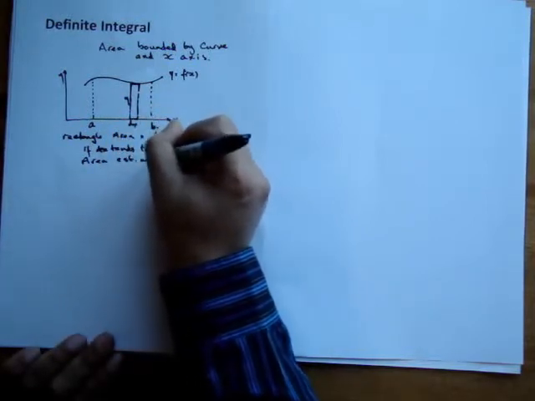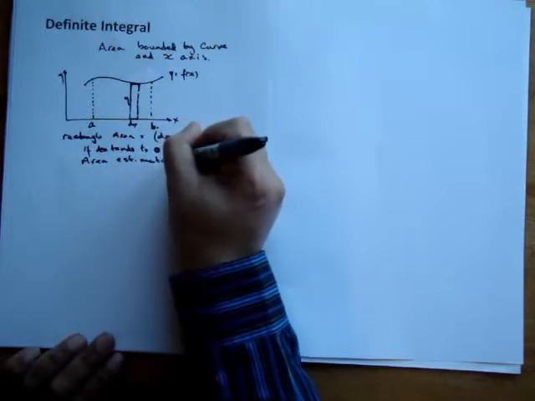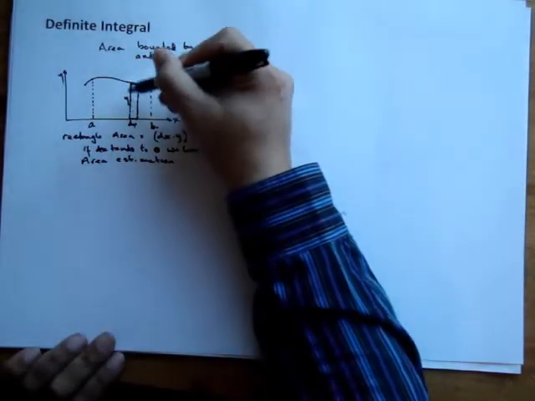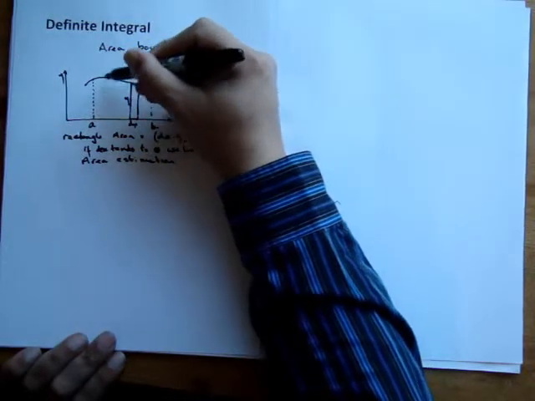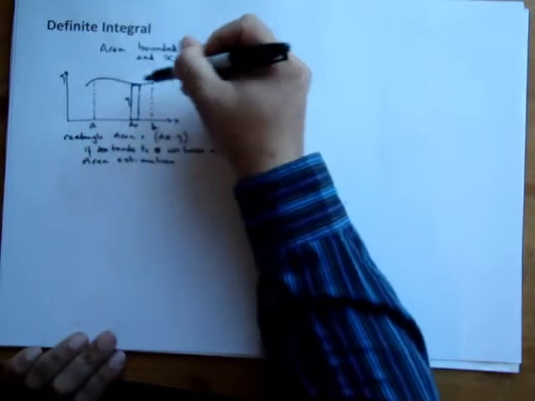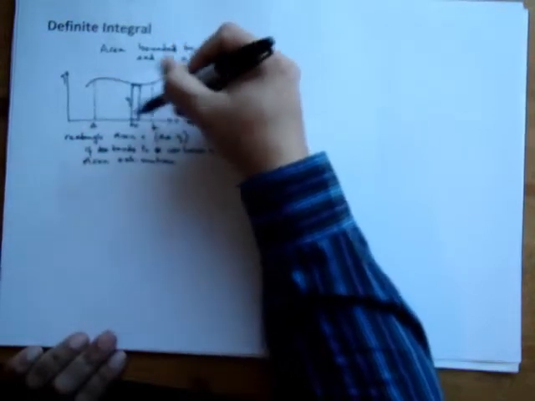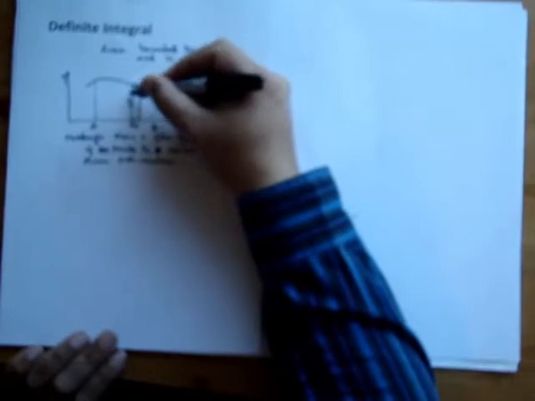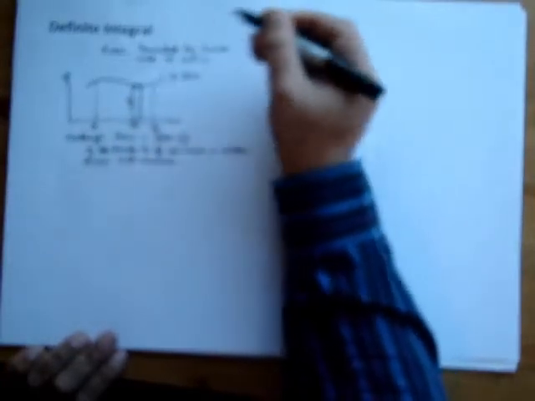So this means that as this dx or delta x gets smaller and smaller, we get more and more rectangles underneath this area bounded by the curve and between b and a, and we get a very, very good estimate of the area.